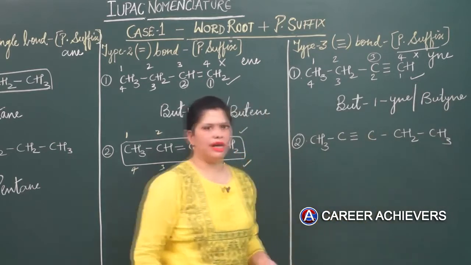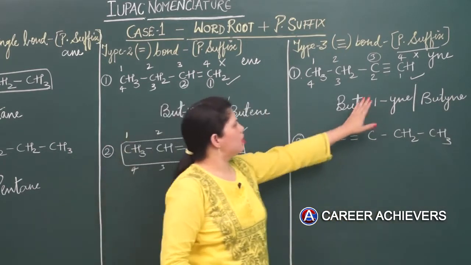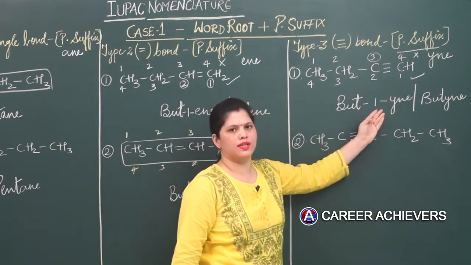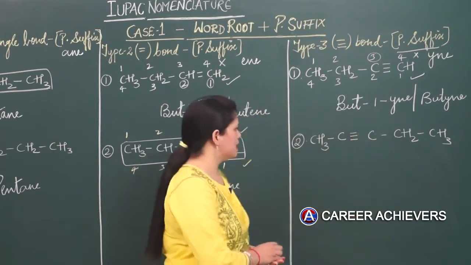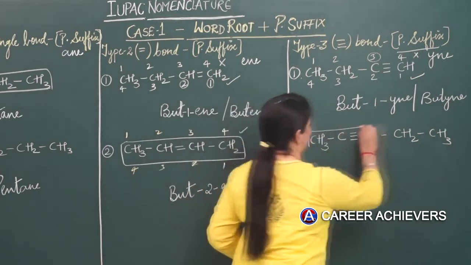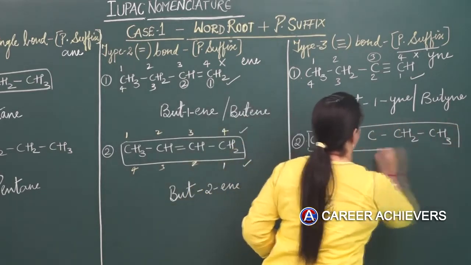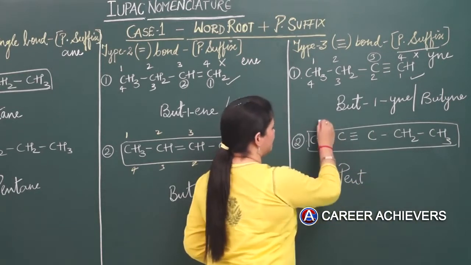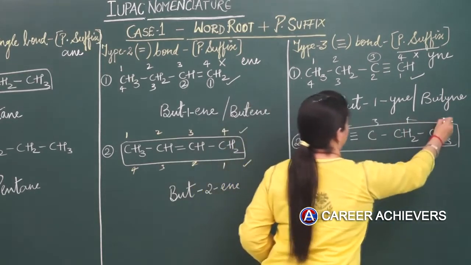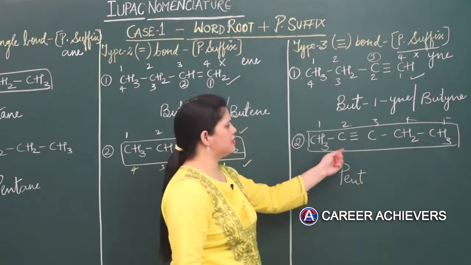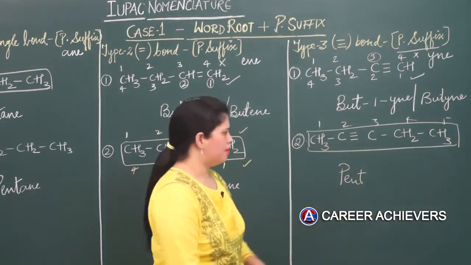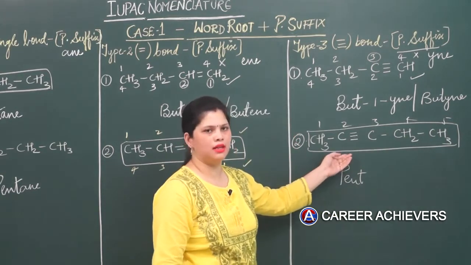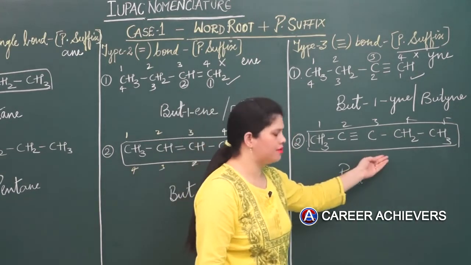As already explained, if the multiple bond belongs to the first carbon, then it's not always necessary that you write the number. If we talk about this molecule in the straight chain, we have 5 carbons, so the word root would be pent. If we number from the upper side, the triple bond carbon is getting the second number, but if I number from that side, I'll be getting 4 here and 3 here.